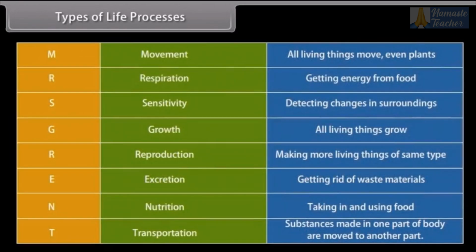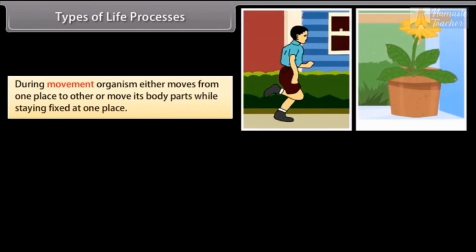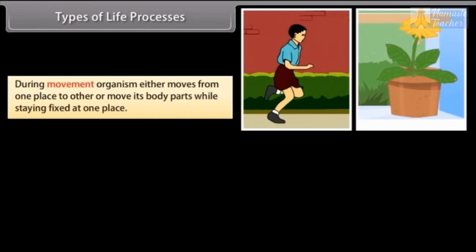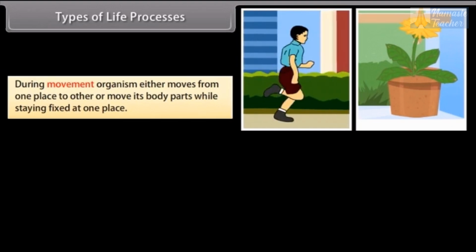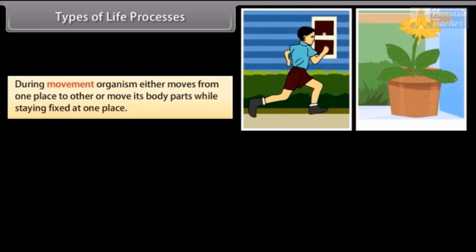Types of life processes. There are the following basic life processes: movement, respiration, sensitivity, growth, reproduction, excretion, nutrition, transportation. During movement, an organism either moves from one place to other or moves its body parts while staying fixed at one place.